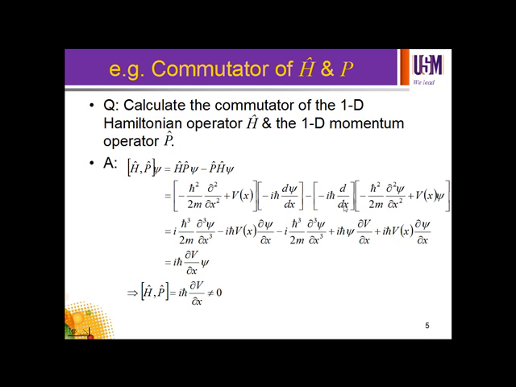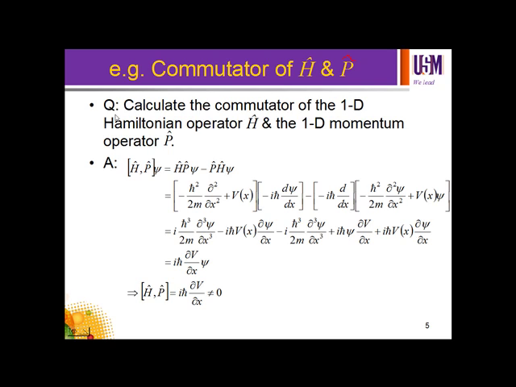And as an example, the commutator of operator H and operator P. Actually, the P here should have a cap, but I couldn't find a symbol for P with a cap.